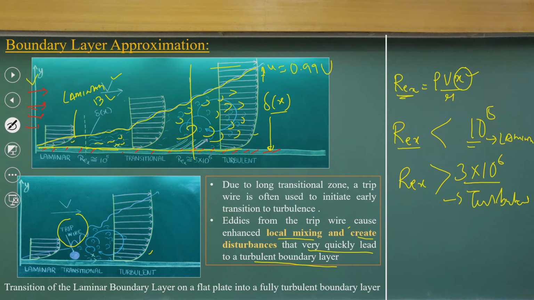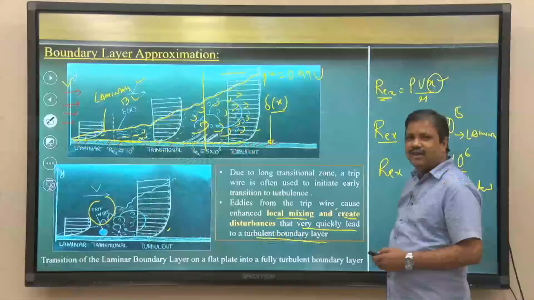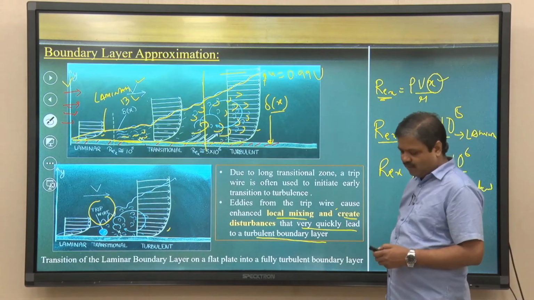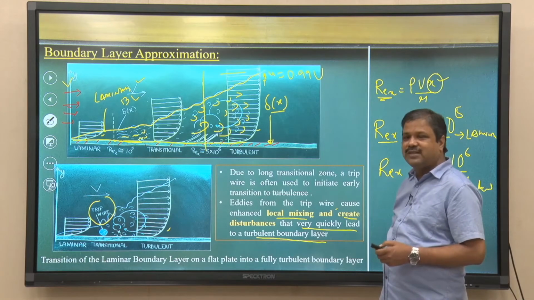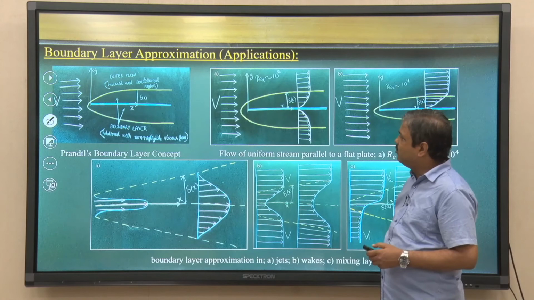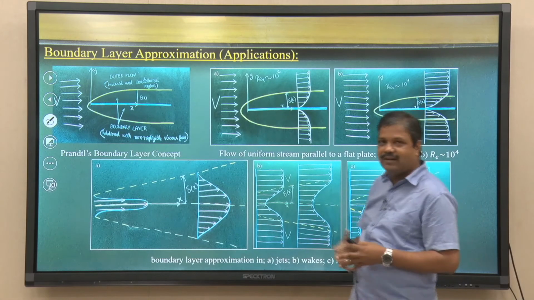Okay. Now, let us go for simplifications. As I said, we are looking at an introductory level of boundary layers, because today we have the tools of CFD with us. So, we do not go into many details about that.